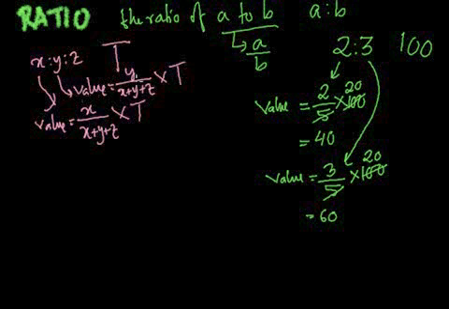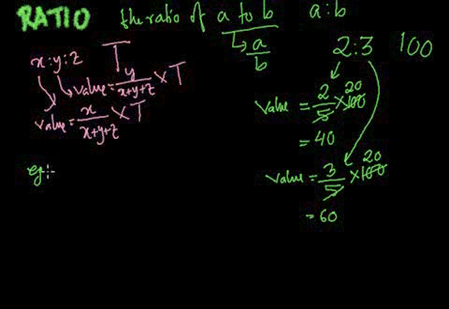So we are going to get the value as well. And finally the last portion is going to be z divided by x plus y plus z into the total. So that's the idea.